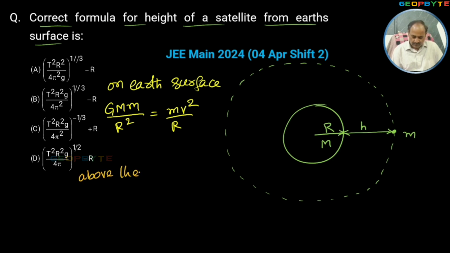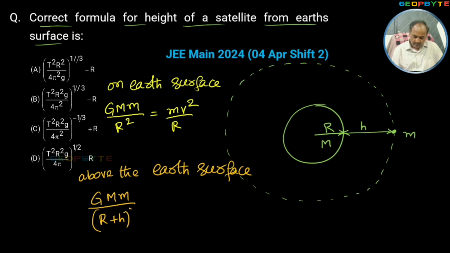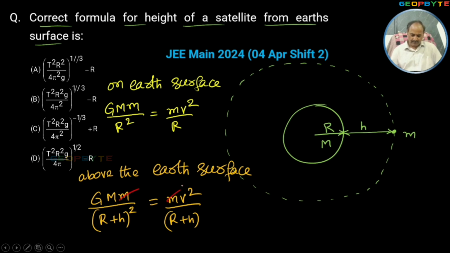Above the earth surface. The above relation can be written as G capital M small m by r plus h whole square equals mv square by r plus h. Okay, here small m can be cancelled.